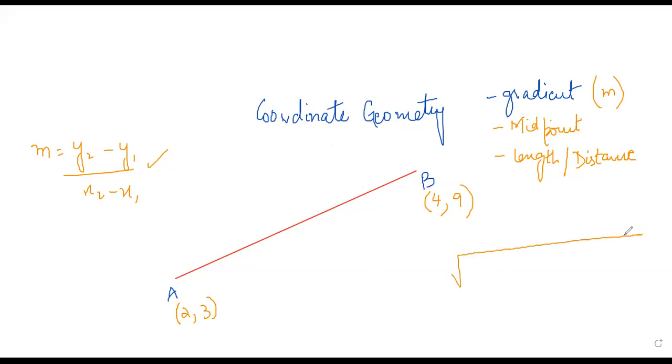The formula is x2 minus x1 whole square, plus y2 minus y1 whole square. Is this the formula for how to find distance? Yeah.